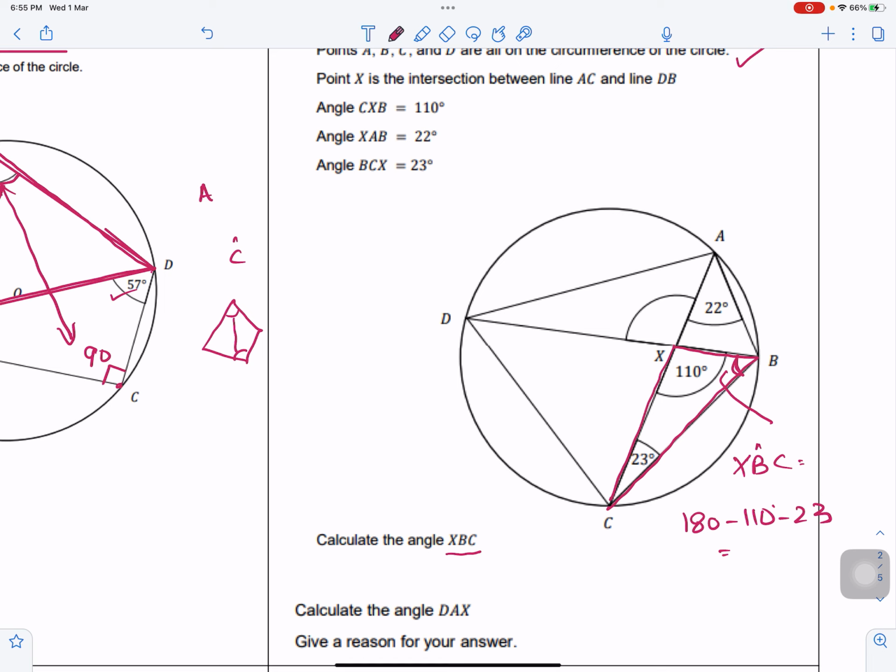So let's do it. 180 minus 110 minus 23. My answer is 47. So this angle is 47. Our target was XBC, and I have found it. This angle is 47, and if I have to give a reason, which is not asked here, I can say the sum of the angles in a triangle equals 180 degrees.